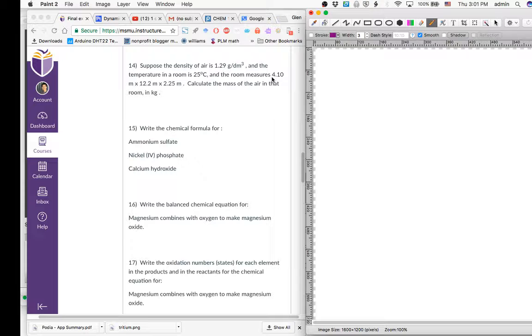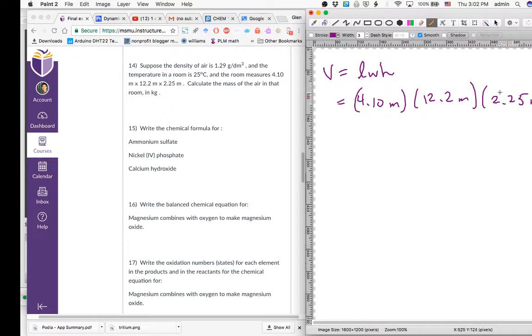Assuming the room is rectangular, since they only gave us 3 numbers here, we can calculate the volume. The volume is length times width times height. The length is 4.10 meters, the width is 12.2 meters, and the height is 2.25 meters. This here is not chemistry. You are expected to remember this from any random math class from your past. Length times width times height, the volume of a rectangular solid.